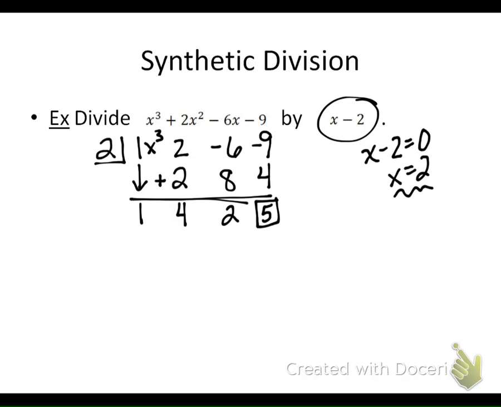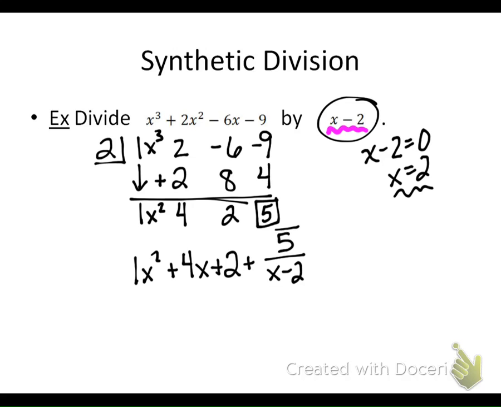If you divide an x cubed term by a linear term, I drop down by 1 exponent. So when I drop my first coefficient, this now becomes x squared. These are our new coefficients of a quadratic. So my answer would be 1x squared plus 4x plus 2 plus 5 over the divisor, x minus 2.